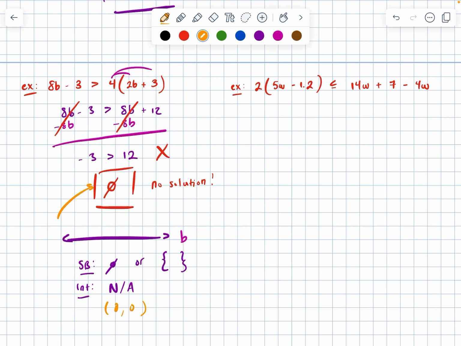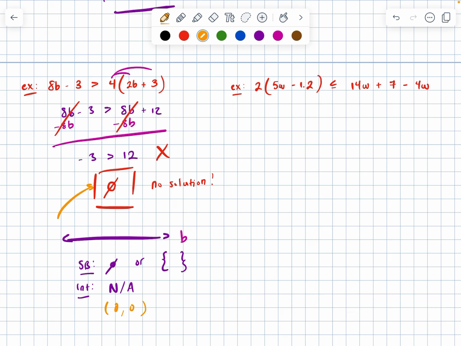So maybe you say 0. So if I want the interval that goes from 0 to 0, well, that's just 0, but then 0 isn't actually included in either case, so I'm going to use parentheses on either side. This is one way, in a kind of weird roundabout way, to indicate that nothing on my number line is getting shaded in. I don't like this notation. I find it confusing.